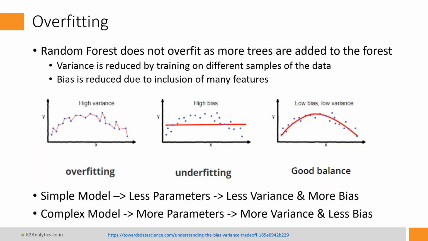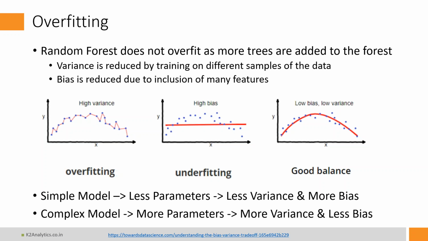Second element, bias is reduced also. How is bias reduced? Bias is induced in a model when you leave out a variable having impact on the target. But in random forest, what are you doing? You're building many models. A particular variable, if it is not part of one model, it is likely that it may be part of another model.